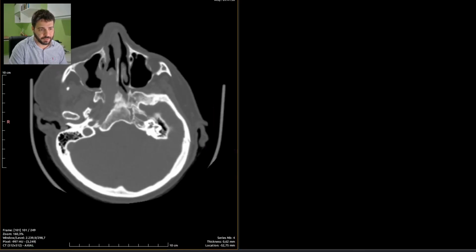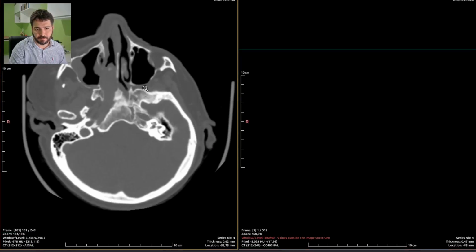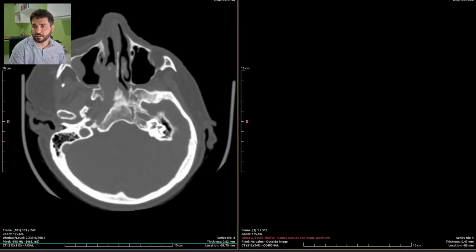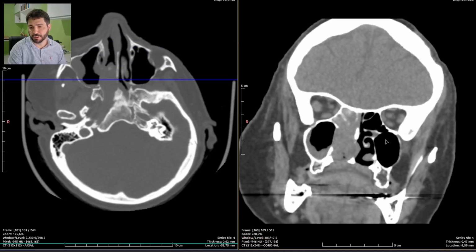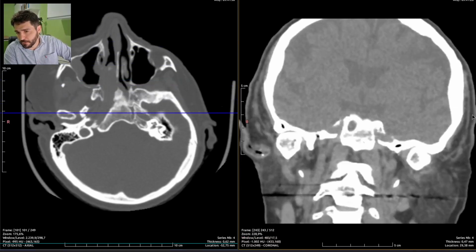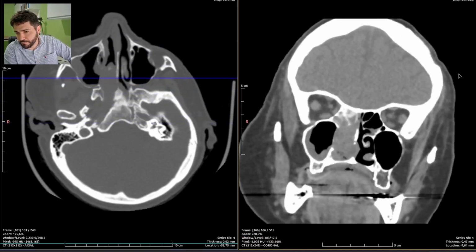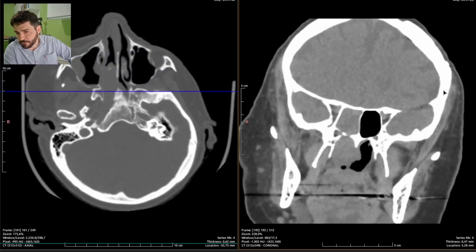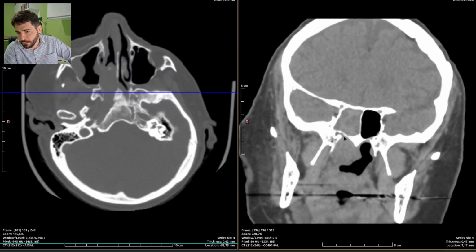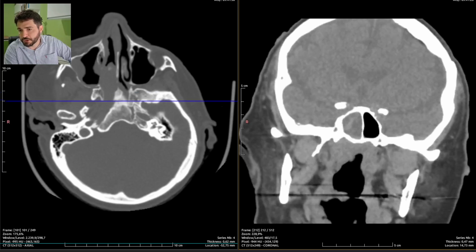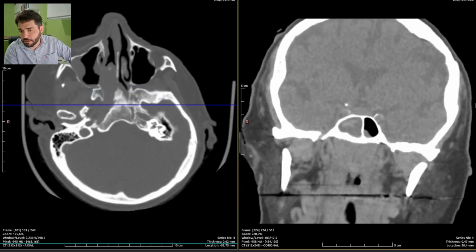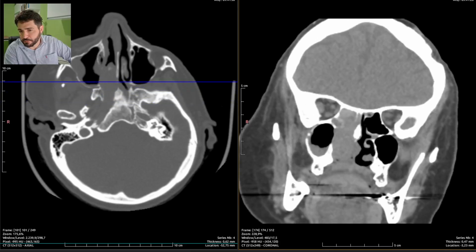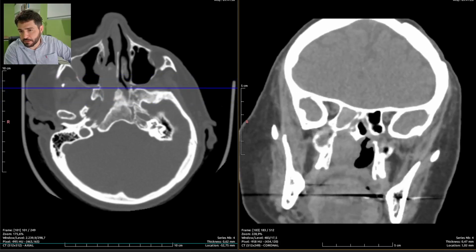Let's grab a coronal view, because the coronal projection is always the best projection for sinus cavities, for the nose, the face, and whatever. There is a mass, a soft tissue attenuating mass that occupies the choana, the posterior nasal outlet.